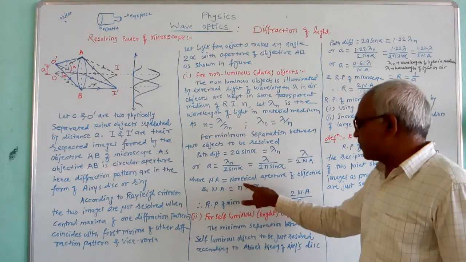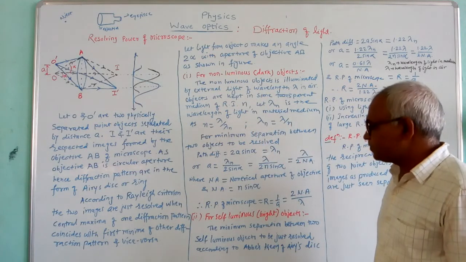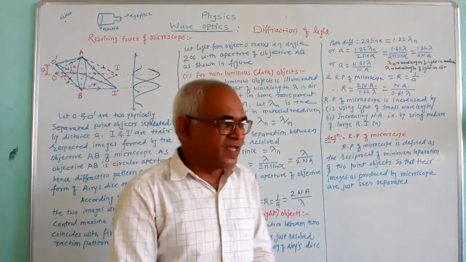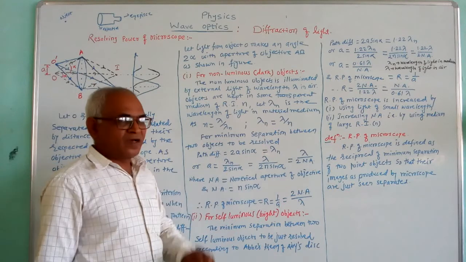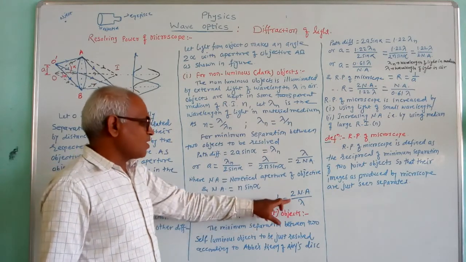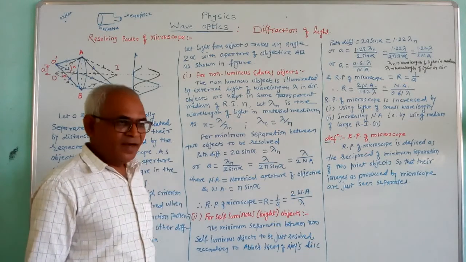It depends upon the refractive index of the medium in which the objects are kept. And the reciprocal of this minimum distance is known as the resolving power of the microscope. Therefore, the resolving power of the microscope is equal to twice the numerical aperture upon lambda.